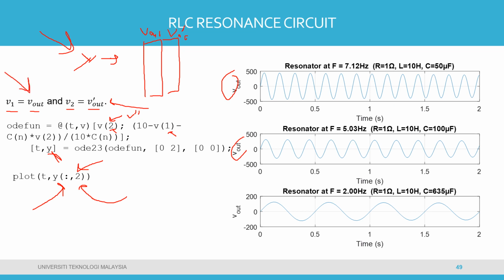So if you look back, this one should be 1, not 2, because the second column is basically v out bar, but we want the v out, not v out bar. Okay, so this is the result. I'm not sure whether this is the correct result or not. I will run it again after this.